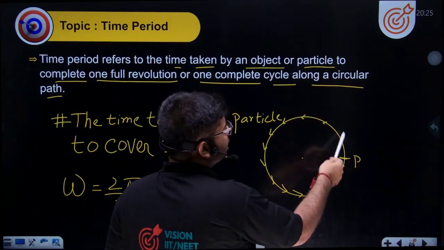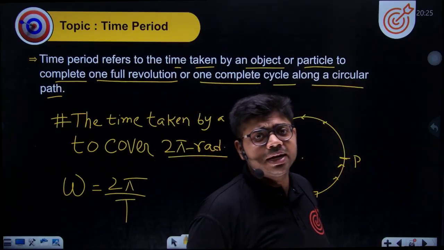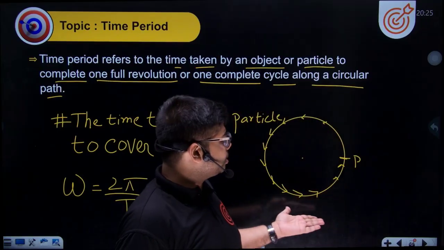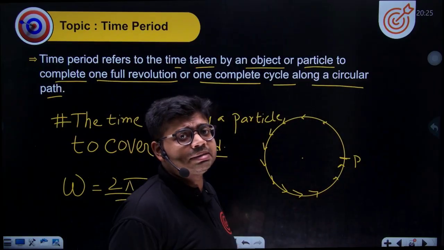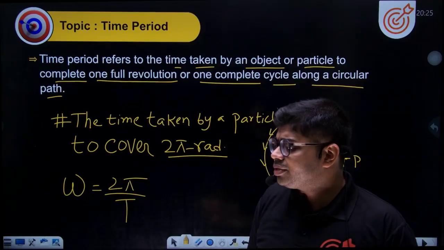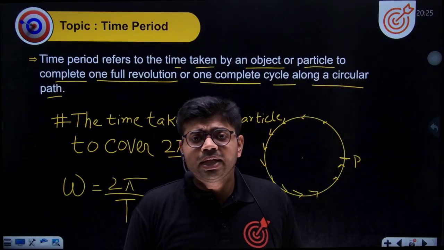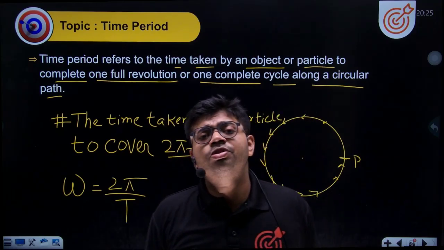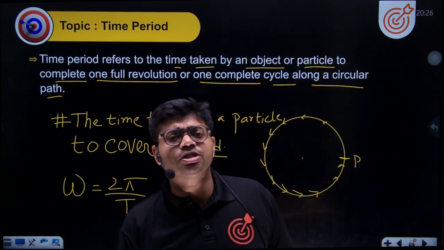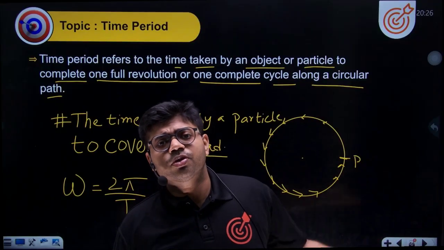So if the particle is taking more time to complete a particular revolution, then what can we say about the velocity of this particle? That particle is slow. Taking more time means the same thing.